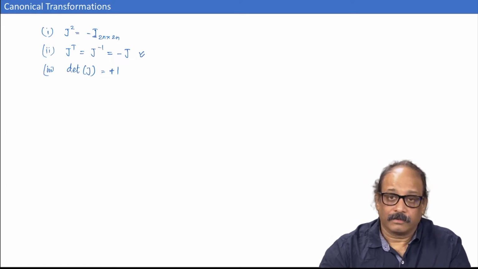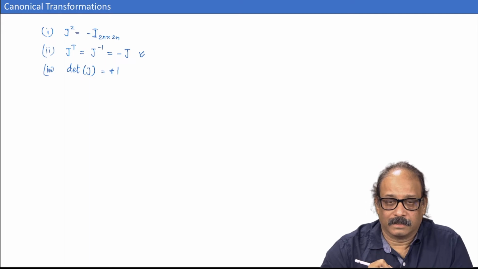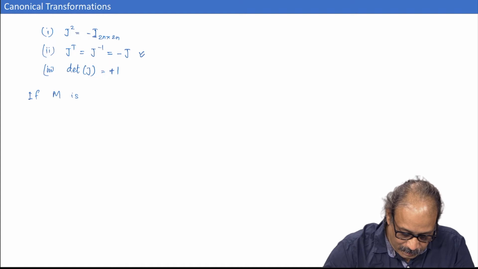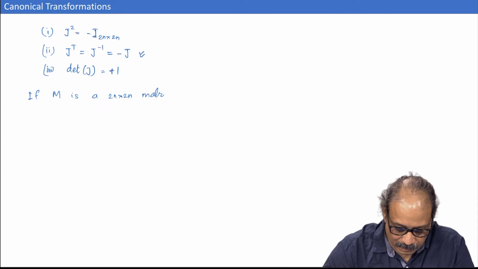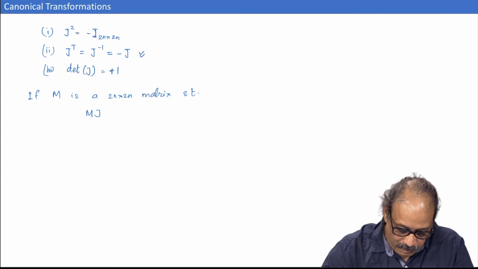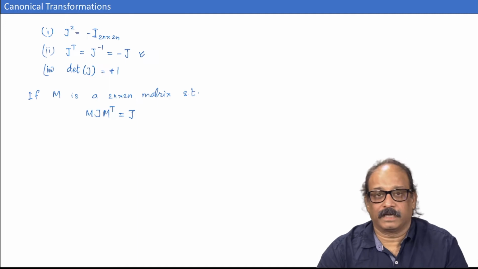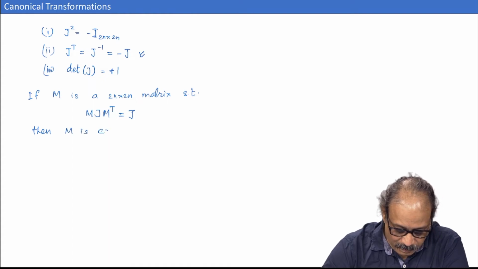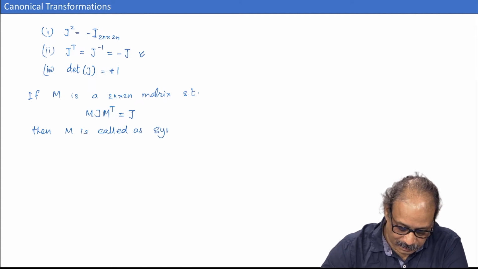Now, if you take an arbitrary matrix M, which in this case is a 2n by 2n matrix, such that M J M transpose is again equal to J, then this matrix M is called a symplectic matrix.